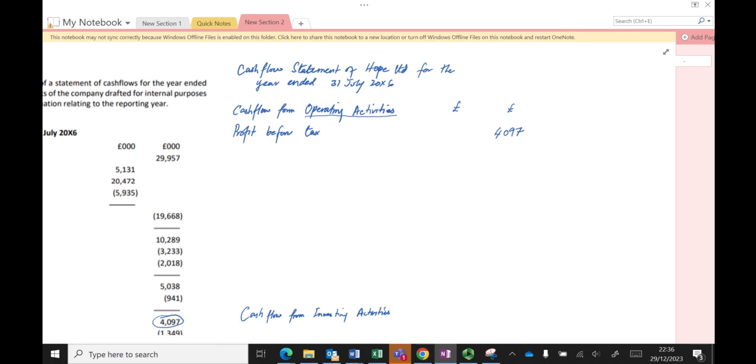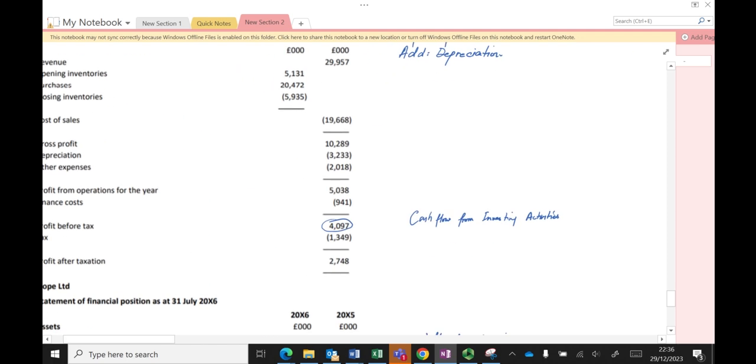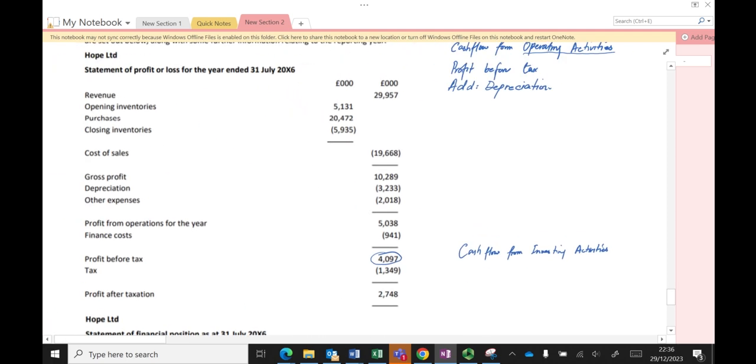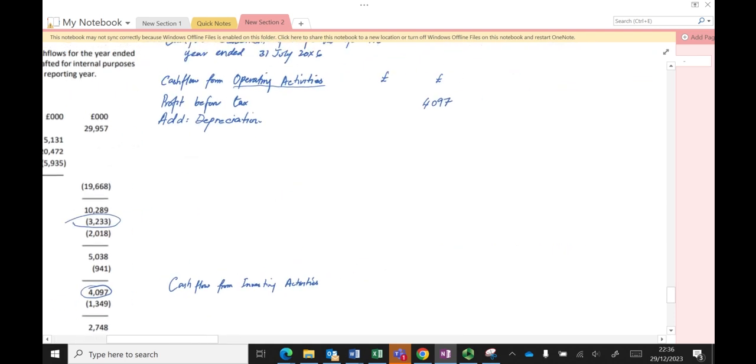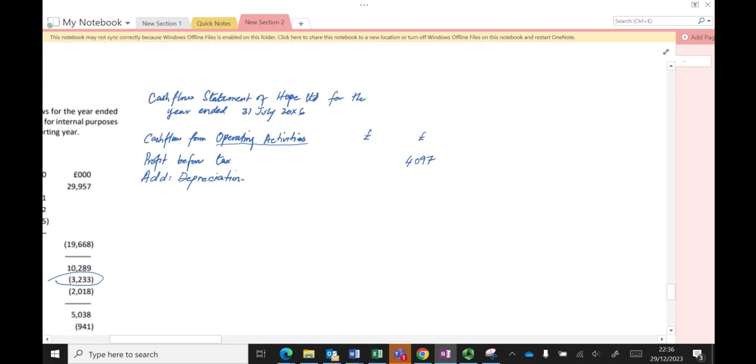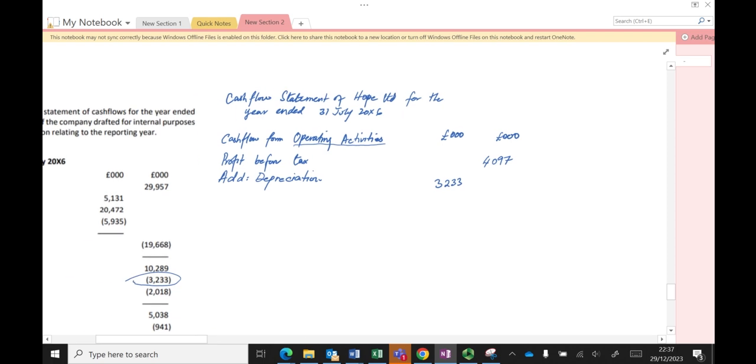Next, I will add any depreciation. In the question, I have been told that the depreciation is 3,233. This will increase my profit, so that's why I've written add.